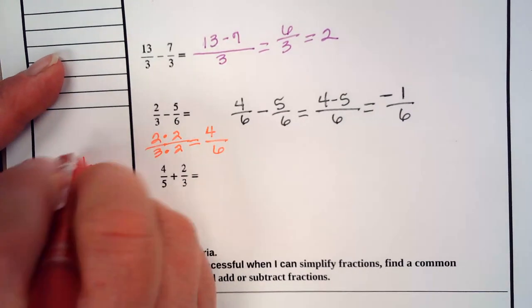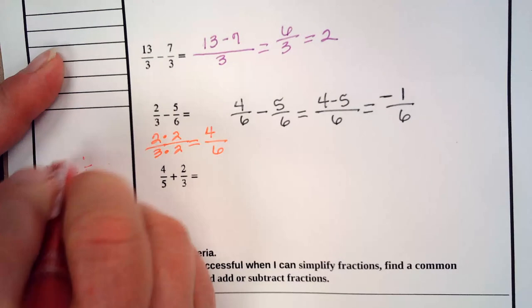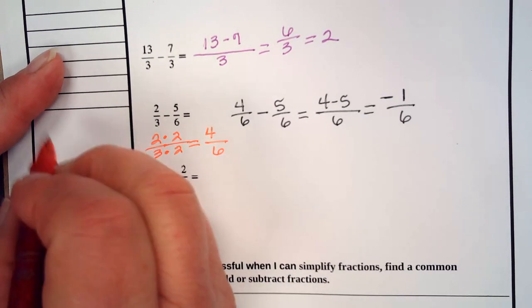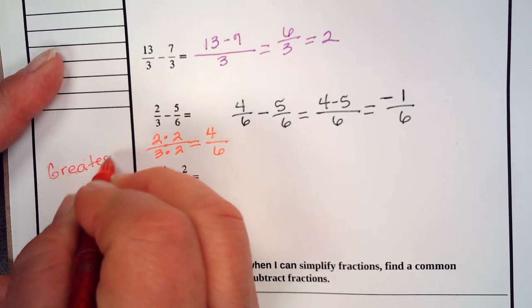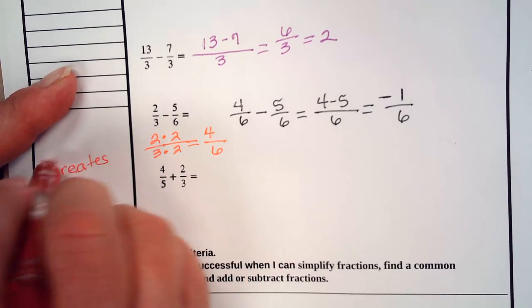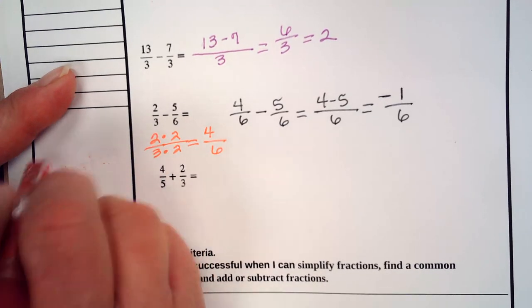Actually, my greatest common multiple. Oh, sorry, that was correct the first time. I want the smallest number both of them go into.